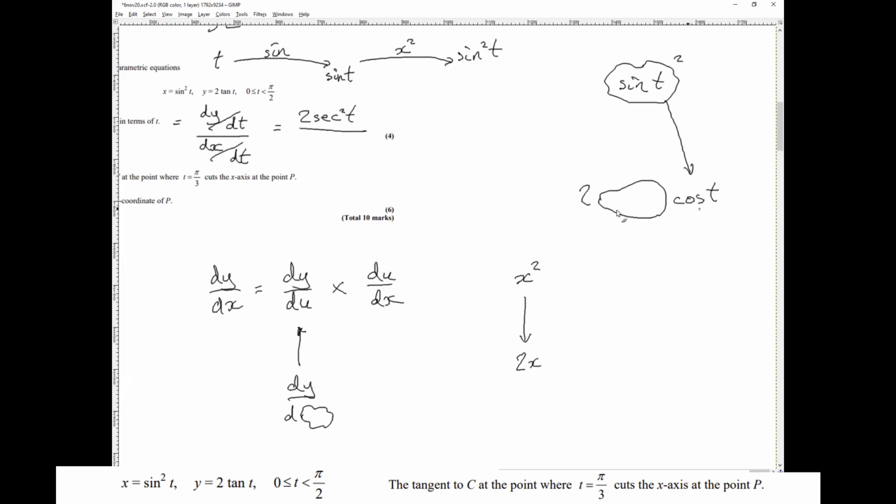Absolutely. And the blob was sin t. So 2 sin t is dy du, the derivative of the outer function with respect to the inner function. Okay, so the whole thing is 2 sin t cos t. Can we simplify that?